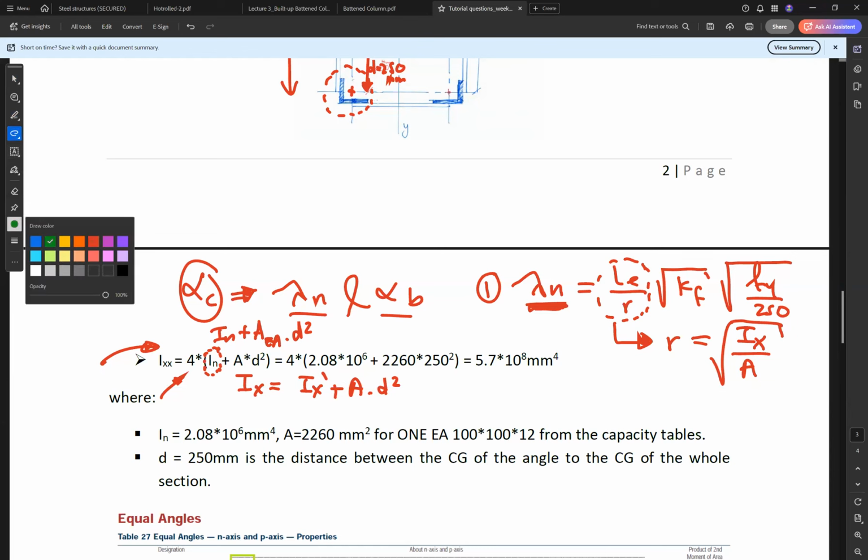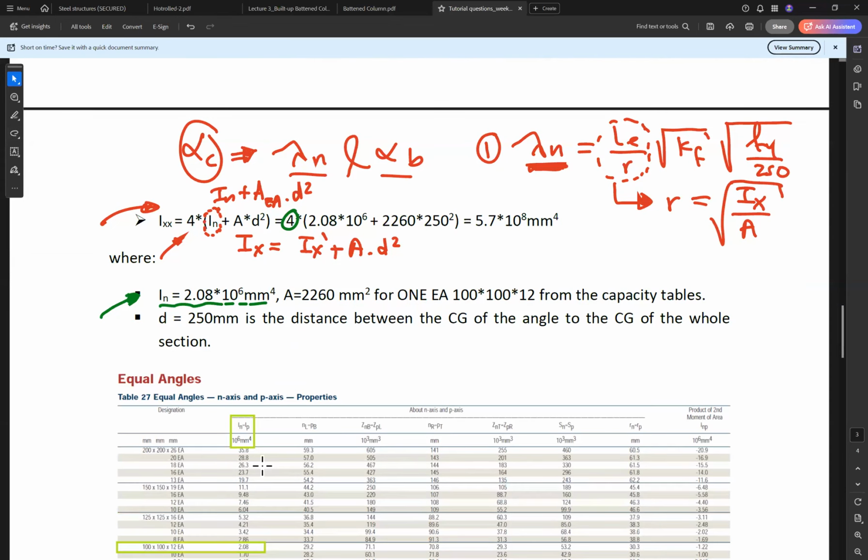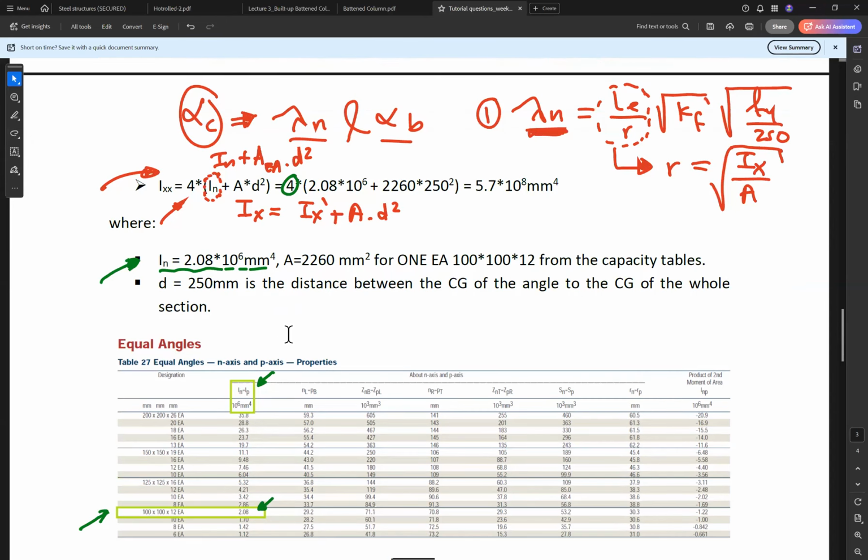The inertia of the angle, In, from the equal angle table is 2.08 times 10 to the power 6 millimeter to the power 4.